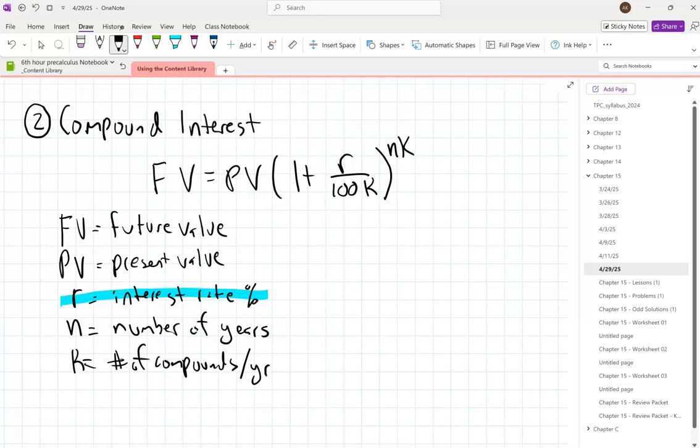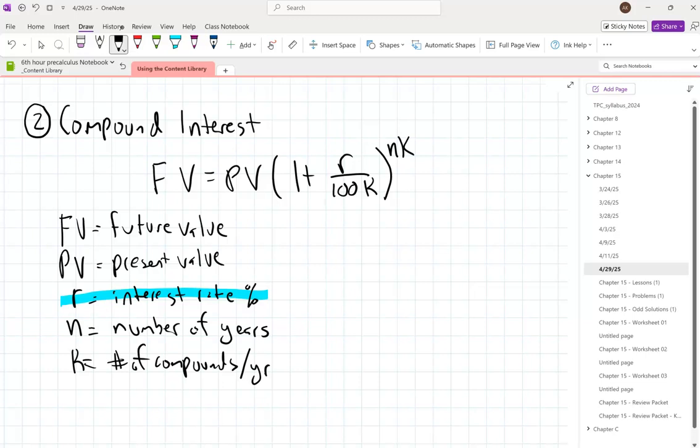Now the K we're going to hide in the story problem by using words. So we might say something like 6% interest compounded weekly. How many weeks are in a year? 52.